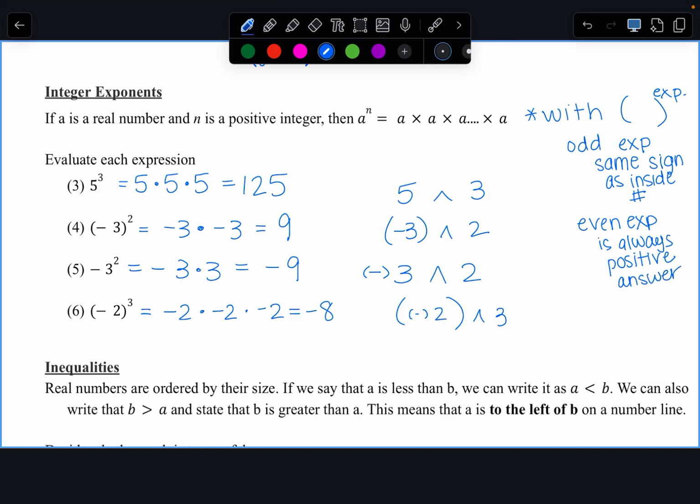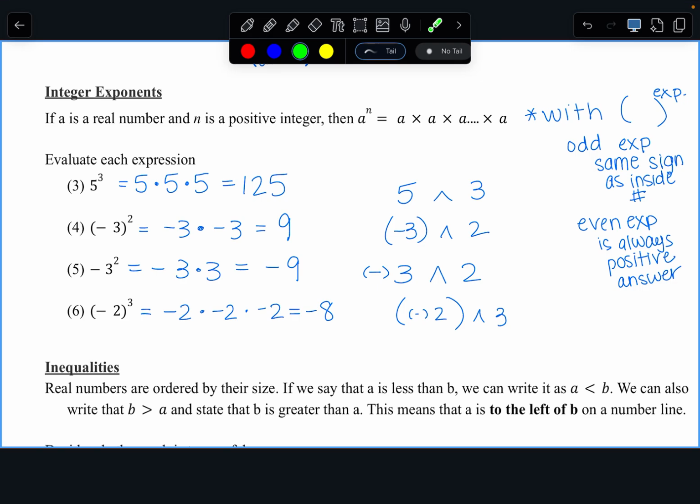Because if we had, like for this one, negative 2 to the 4th power, or the quantity negative 2 to the 4th power in those parentheses, a negative times a negative is a positive, times a negative is also a positive. When there's an even number of negatives being multiplied, it's a positive number. Does that kind of make sense?